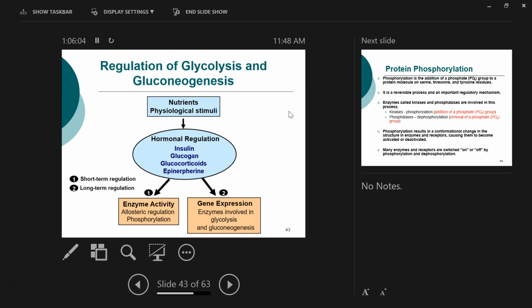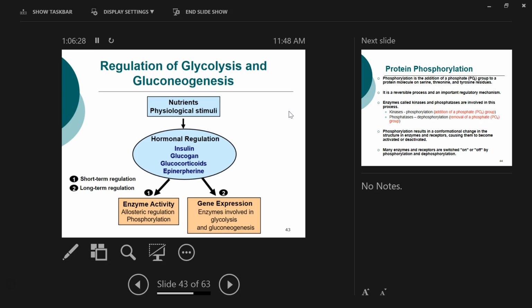So basically, hormones regulate the key enzymes in each pathway and regulate their activities, and also can regulate their gene expression. The activities are regulated basically by allosteric changes, right?